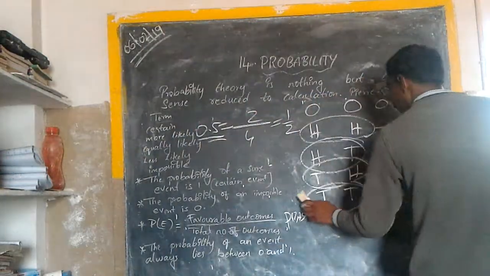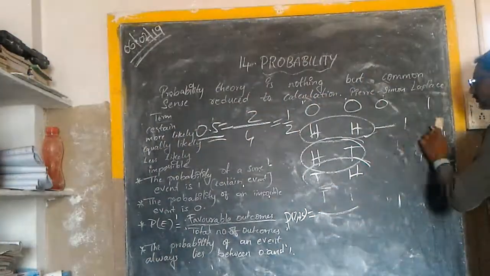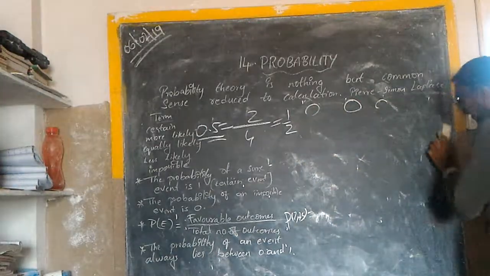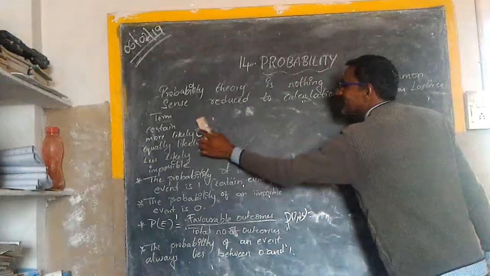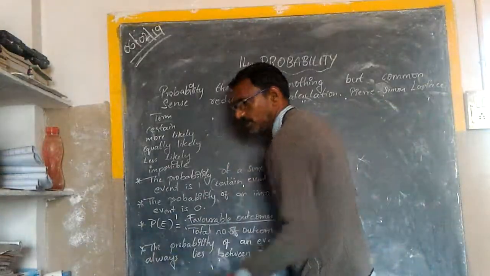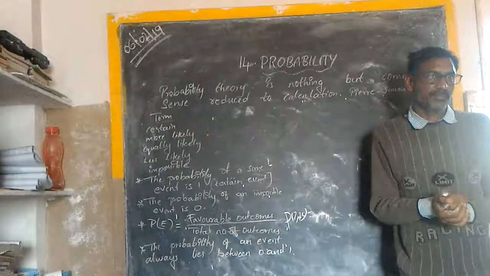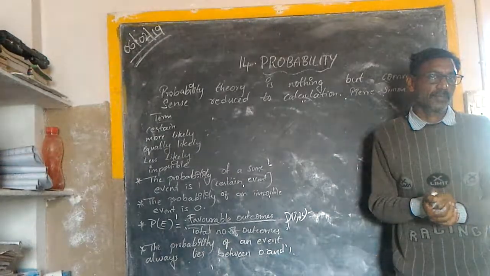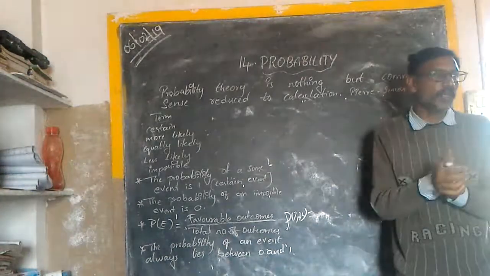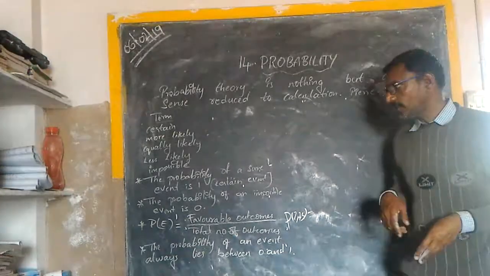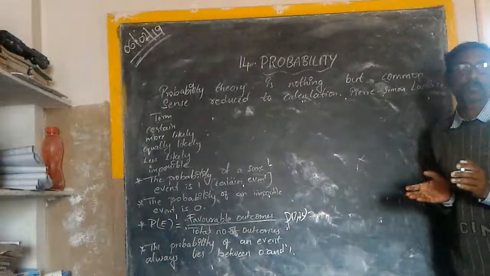Can I tell one more problem? Yes, sir. Suppose I have 2 dice. When I throw the 2 dice at a time, how many possible outcomes will come?